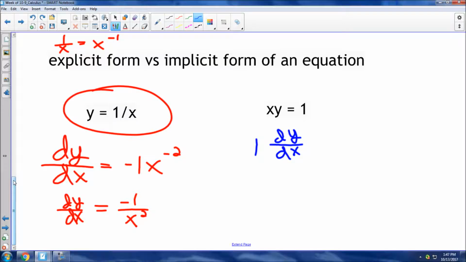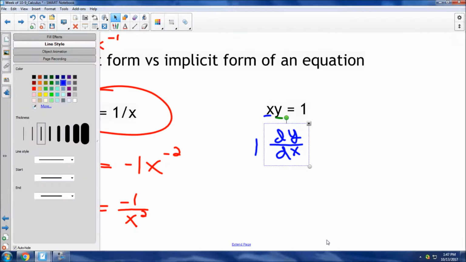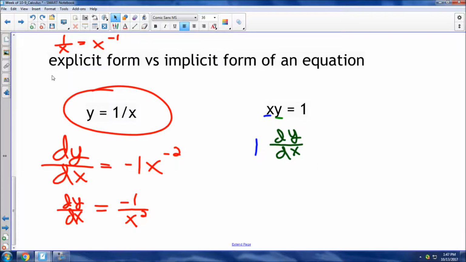Let me do the color coding again. Sorry. Okay, so derivative of the first times, oh sorry, I didn't do this right. Wow, a little rusty. Derivative of the first is 1 times the second is simply y.